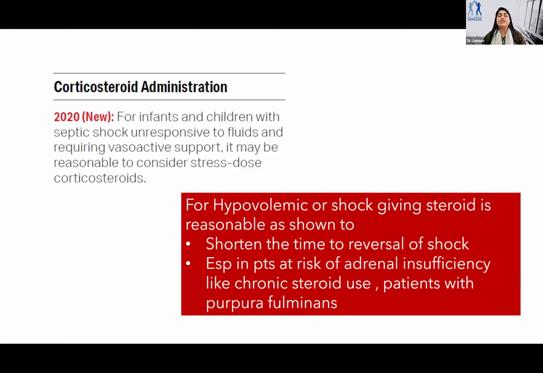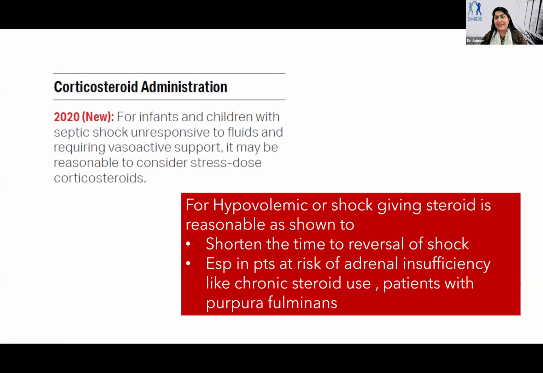And the emphasis is more on patients who are at risk of adrenal insufficiency, your metabolic patients, like chronic steroid use patients, like your nephrotic patients, and patients with purpura fulminans. The most benefit is shown in these three subsets of population, and some studies show that steroid shortens the time to reversal of shock.